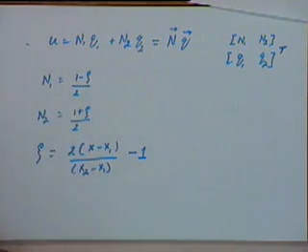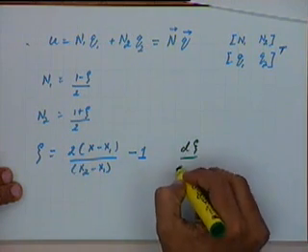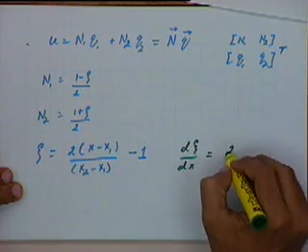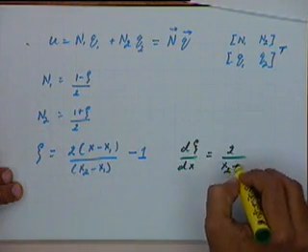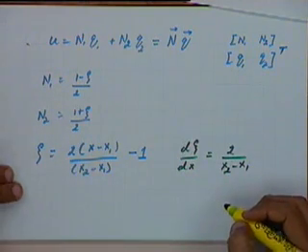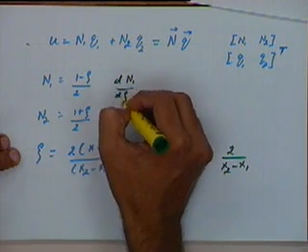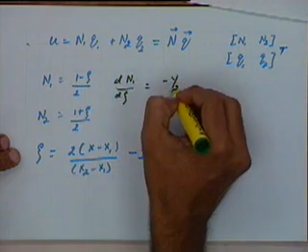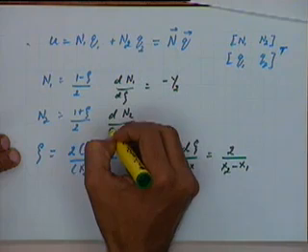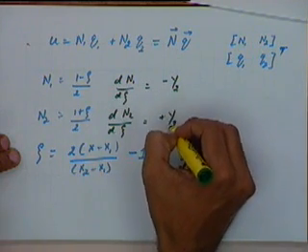From this, if I try to write down d zeta by dx, this is equal to 2 divided by x2 minus x1. From this, dn1 by d zeta is equal to minus half, and dn2 by d zeta is equal to plus half.